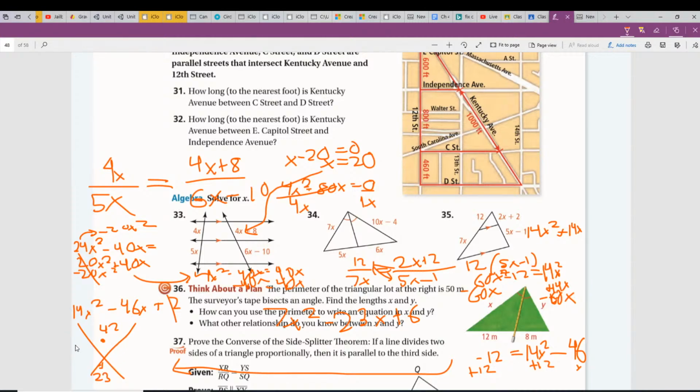So what two numbers multiply to 42 and add to negative 23? Well, we can see that negative 21 and negative 2 would add to negative 23 and multiply to this.